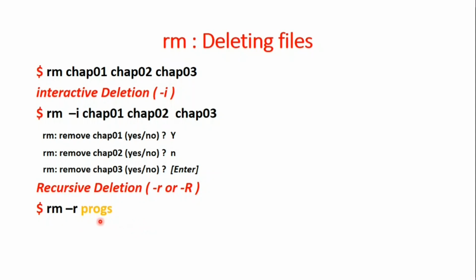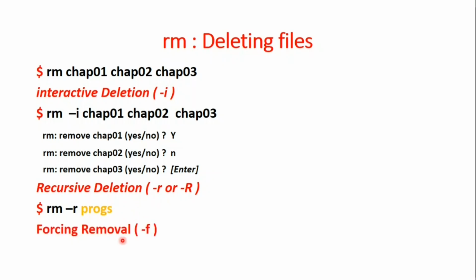It will empty the content of subdirectories and remove the files in a hierarchical way, and finally it will remove the directory procs itself. So this can be done in a recursive way by making use of the rm command with option -r.